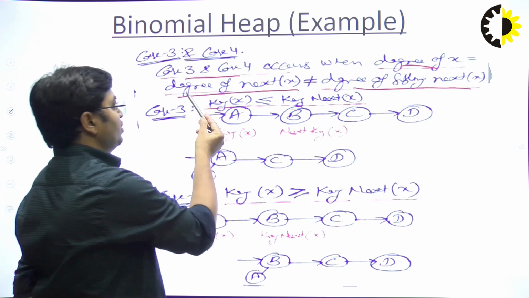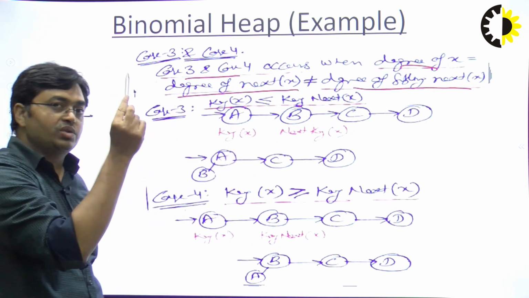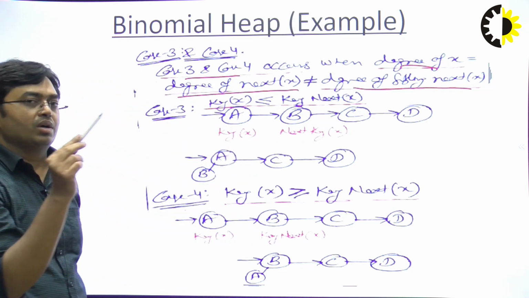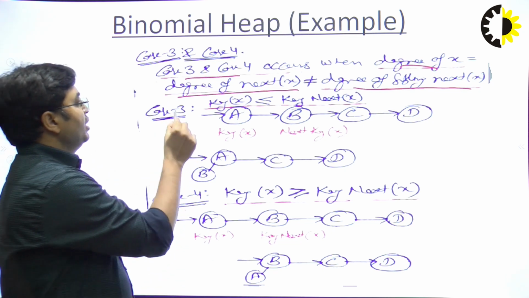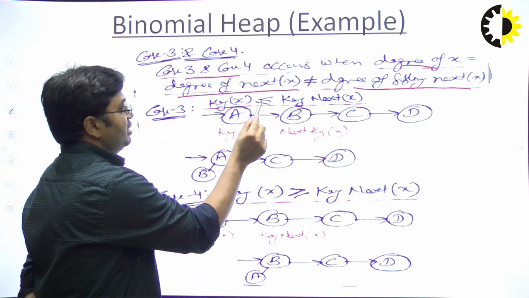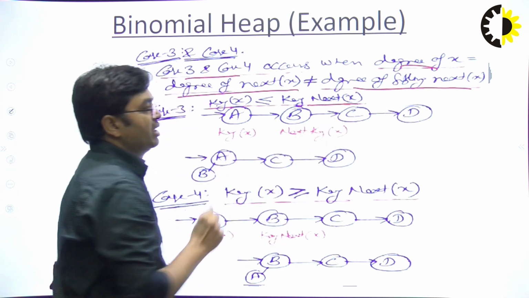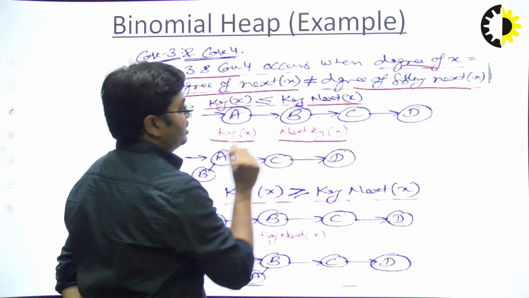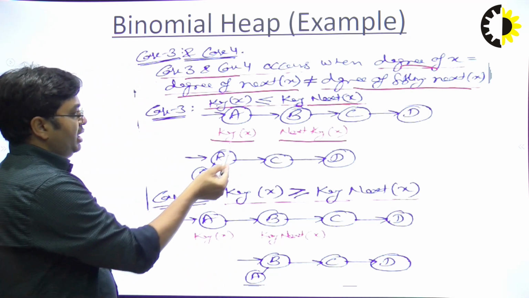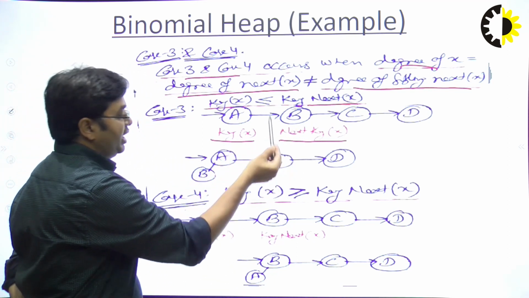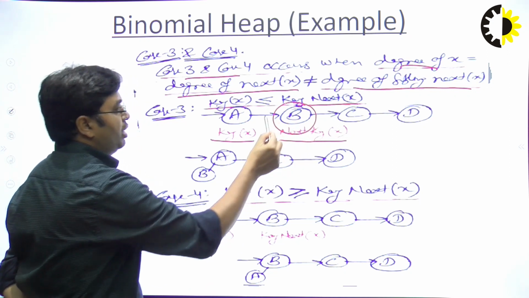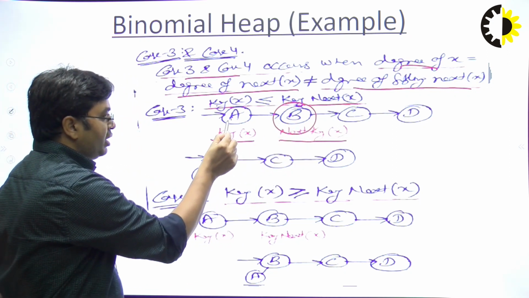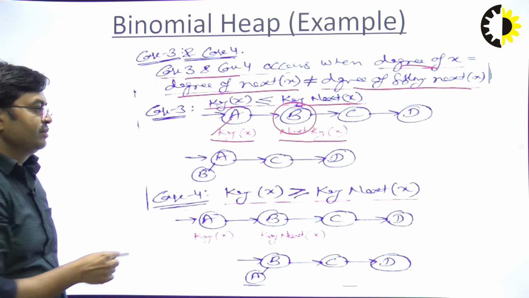Degree of x is equal to degree of next of x, which is not equal to the degree of sibling of next of x. If we have key of x less than or equal to key of next of x, then we change this particular node to the left child of the first node.